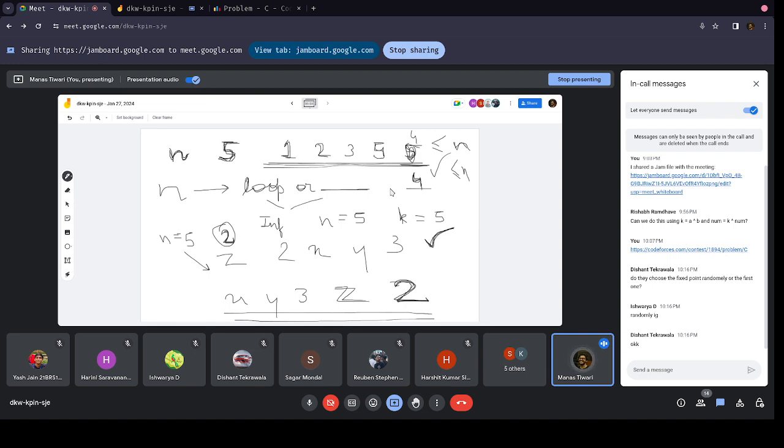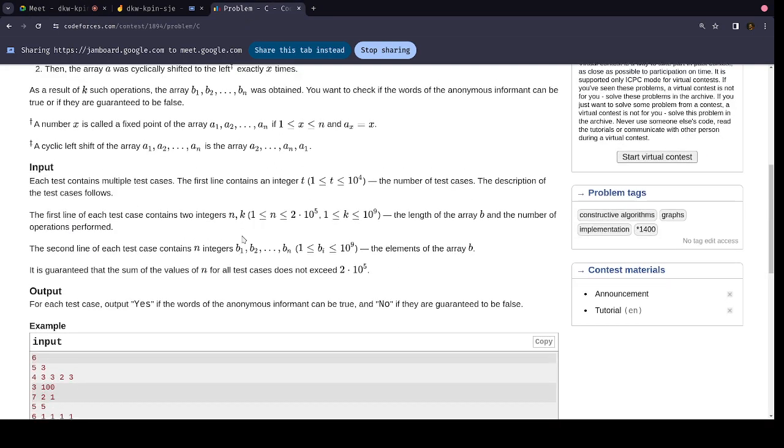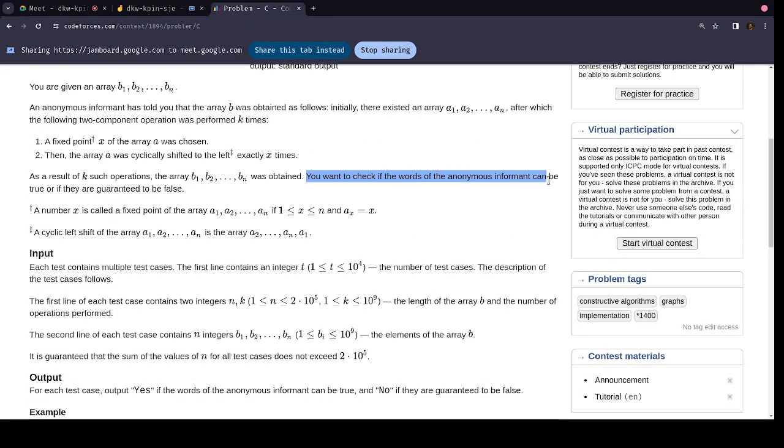Did they choose the fixed point randomly or the first one? See, how they chose it is not told. It's just said that you want to check if the words of the informant can be true, or if they are guaranteed to be false. There can be multiple different orientations for this.